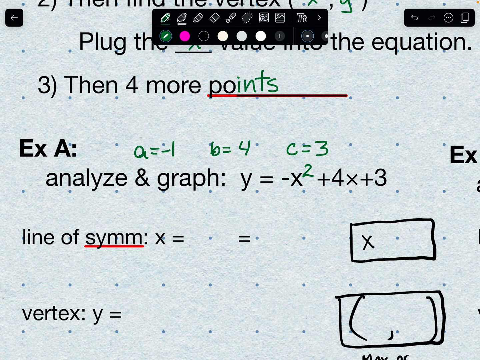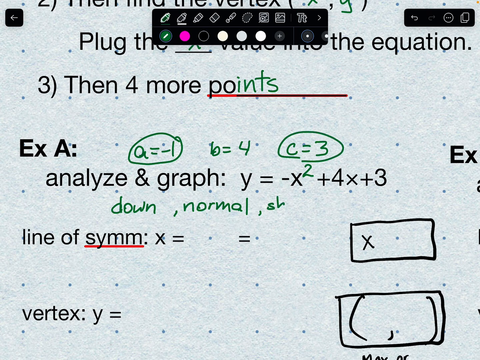What do we know about it now? Does this parabola go up or down? Down, because the A value is negative. It's also -1, which tells us the graph is not wide and not skinny, it's normal. And finally, I see that it has shifted up 3 units.